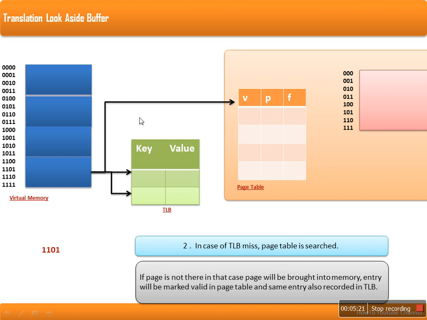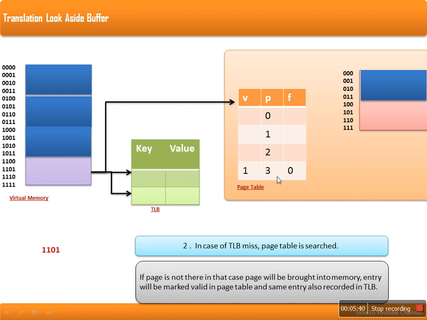When the corresponding page is also not available in RAM, this is known as a page fault. As a result of the page fault, the corresponding page will be loaded into memory. After loading that page into RAM, a corresponding entry will be created in the page table saying that page number 3 is available in frame number 0 and the valid bit is 1.